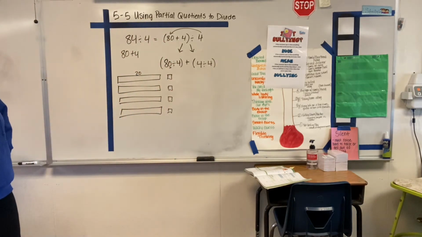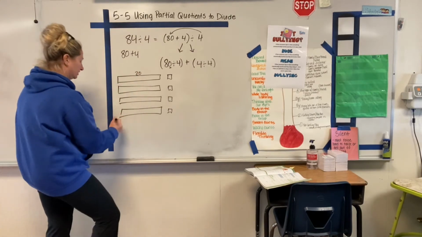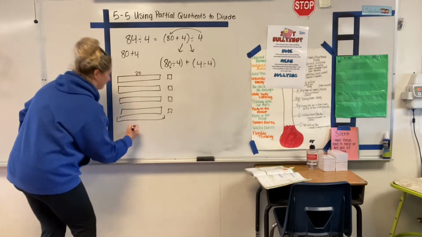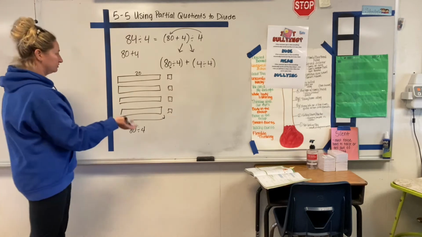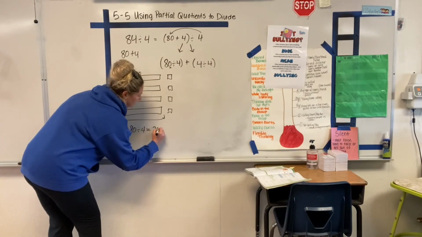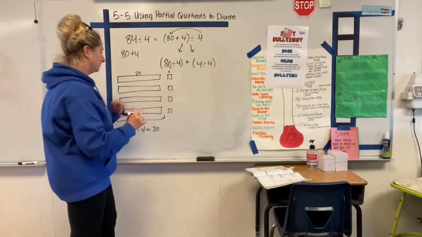All right, so I'll do it in chunks. This part here is 80 divided by 4, so that equals 20 because there's 4 20s. These are all ones. This part here is 4 divided by 4.